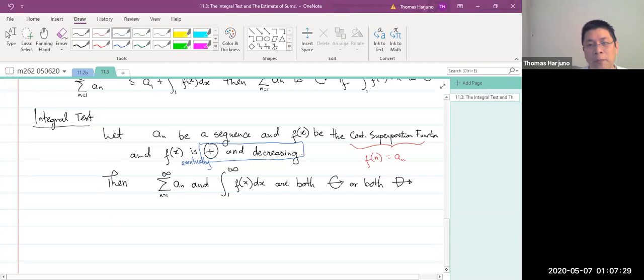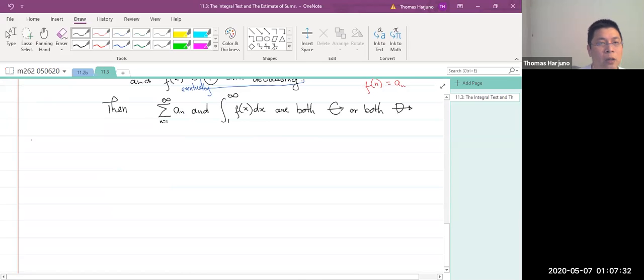Now, let's say, for example, the first example for this section. This one is the series of 1 over n squared plus 1.